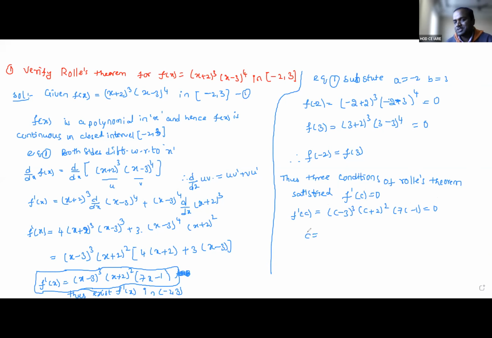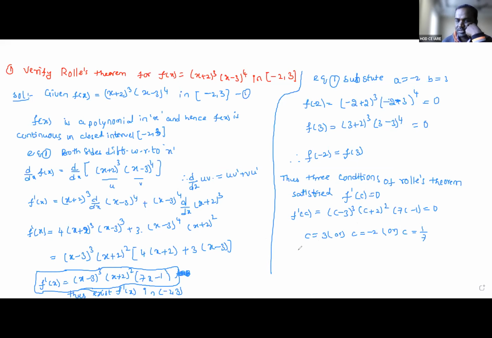c is equal to how much? c is equal to -2, or c is equal to 3, or c is equal to 1/7. So c is equal to 1/7.